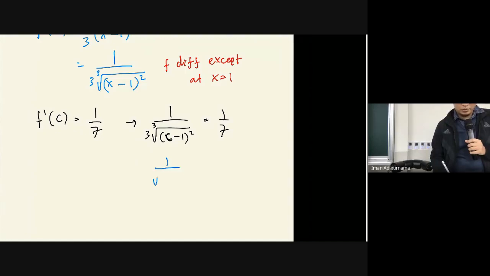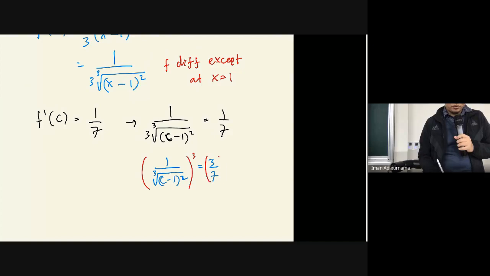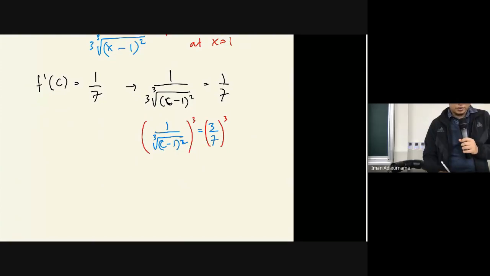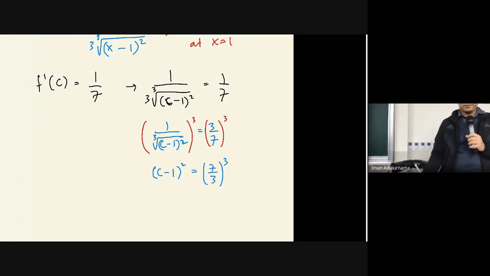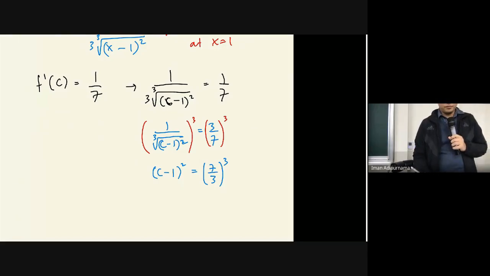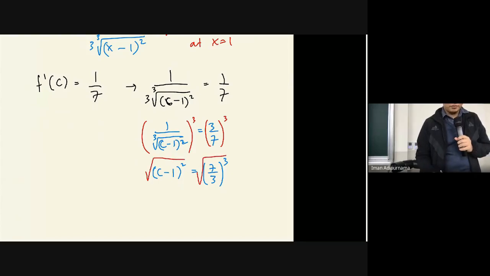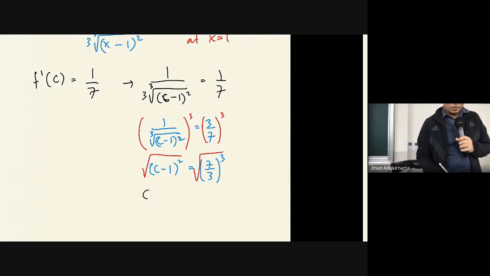So 1 over 3, let me write this, and moving the 3 to here, and it's still 3, then I will write C minus 1 squared, and this becomes this. And after we have a cube, we take the square root of both sides. So C minus 1.